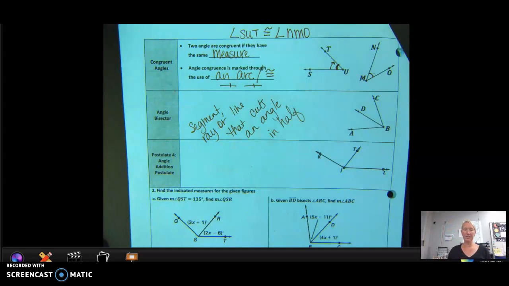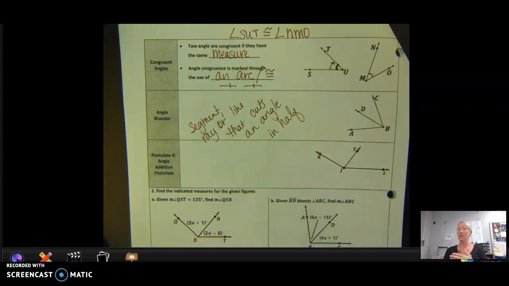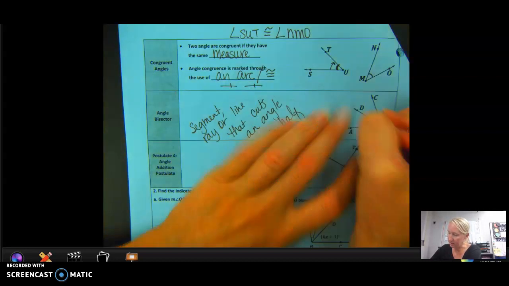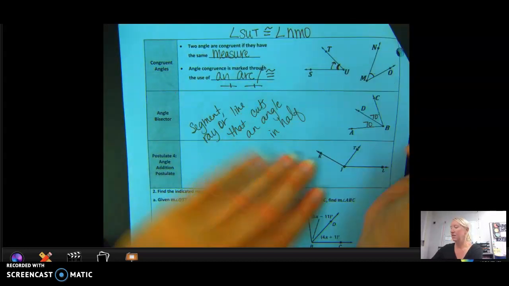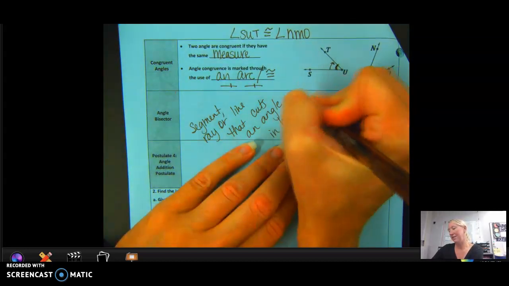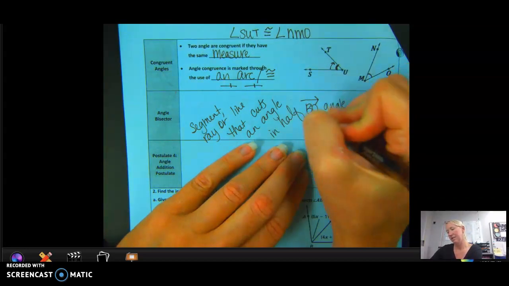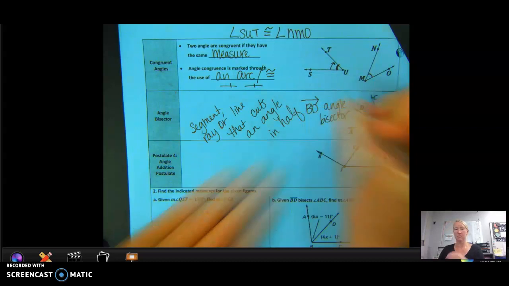So it's like a segment bisector. Remember, a segment bisector cut the segment in half. An angle bisector will cut the angle in half. So if this is 70 degrees, then that means this is 70 degrees if ray BD is an angle bisector. Okay?